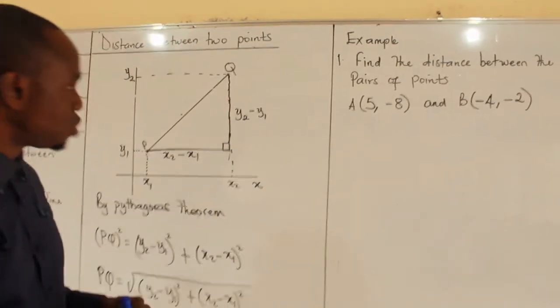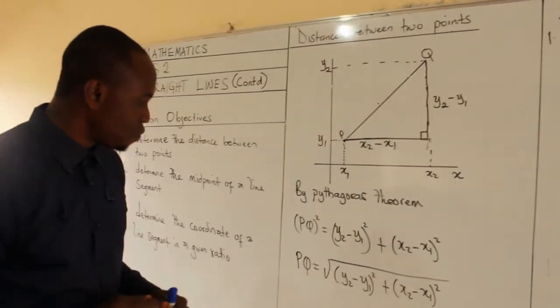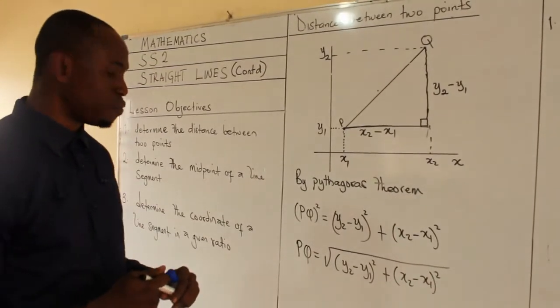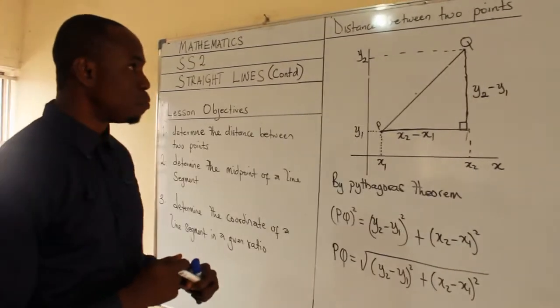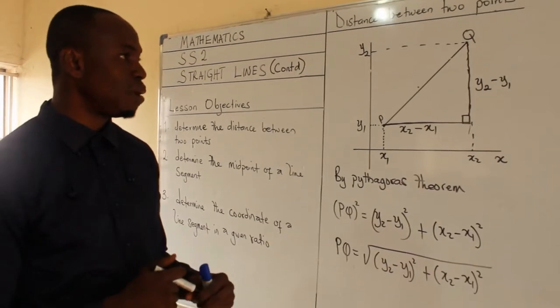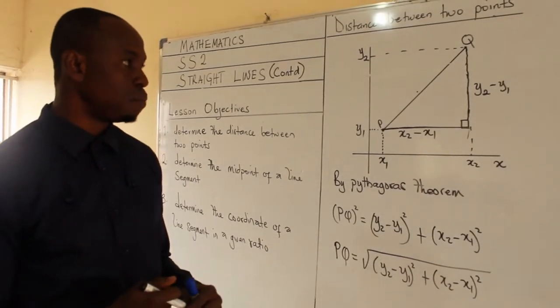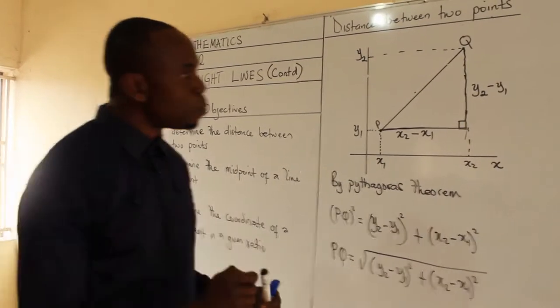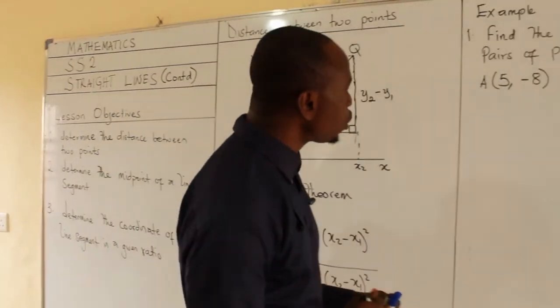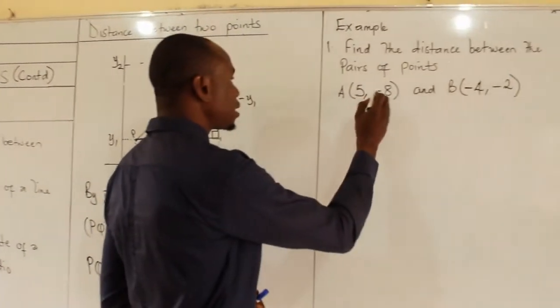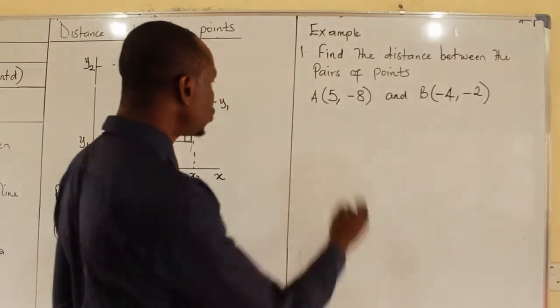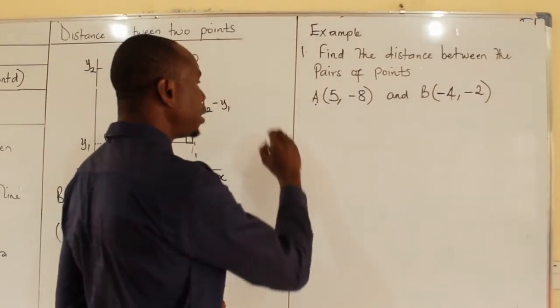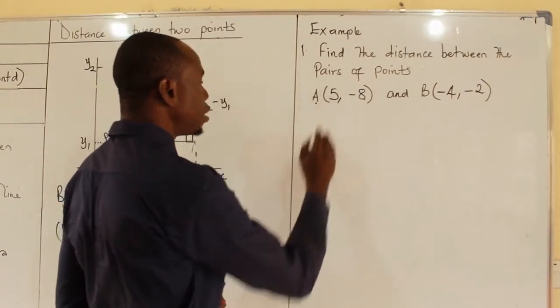So I am going to use the formula that I have derived here to find the distance between point A and point B. Remember, every point, every coordinate will have an x and y coordinate. So each time you see a point, look out for two numbers.